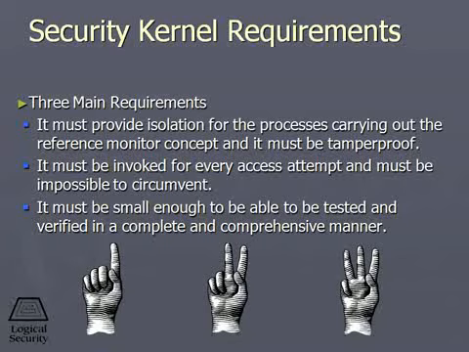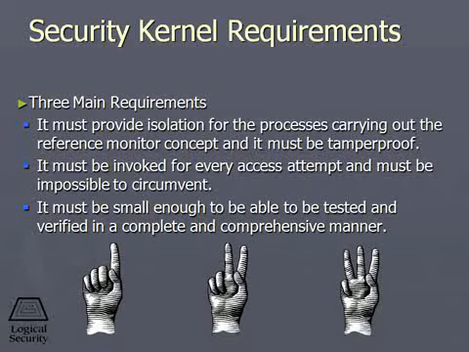Rule number two is every time a subject attempts to access an object, the security reference monitor must be invoked and cannot be circumvented. So it's a boundary and it can't be tampered with, and it gets invoked 100% of the time, cannot be circumvented. Rule number three says it also must be small enough to be tested and verified completely and comprehensively.